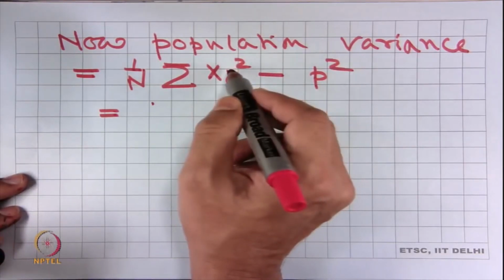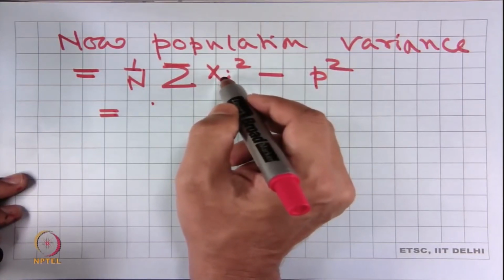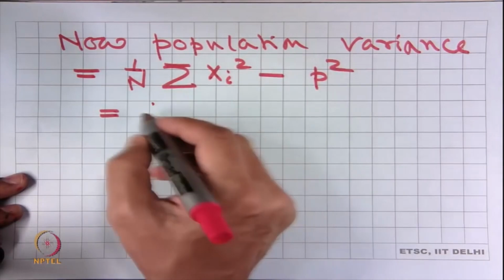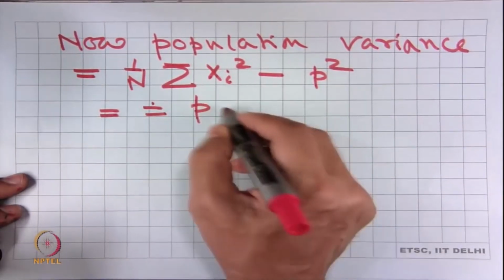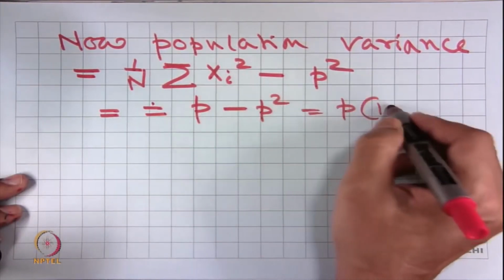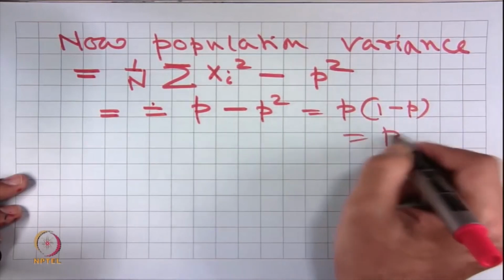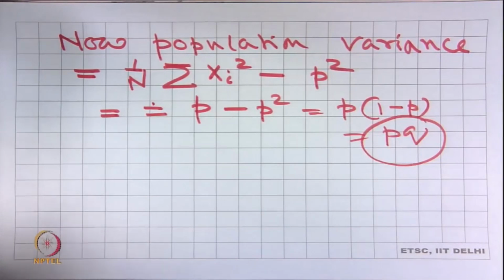Therefore, sigma xi square is the same as sigma xi, and therefore this is p minus p square, which is equal to p into 1 minus p, which is pq. Therefore, population variance is equal to pq.